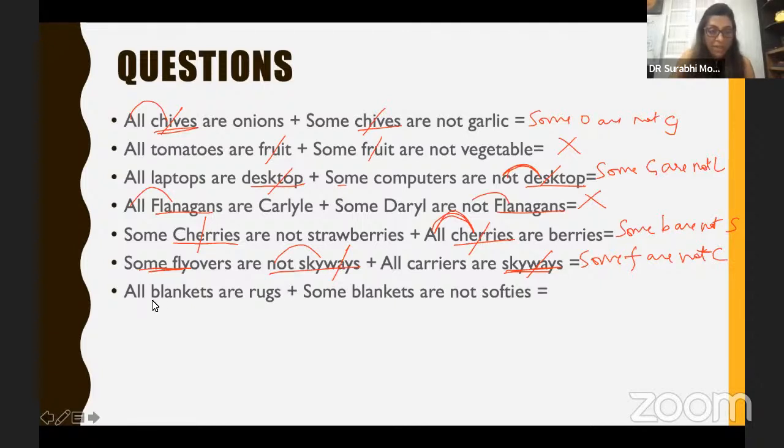And my middle term is blankets. It is written with all. It is distributed. So my answer will be some rugs are not softies. Right? Check your answers, everyone. I can see just a couple of answers incorrect in the chat box. Rest of them are correct. Right? Any problem in any question here?